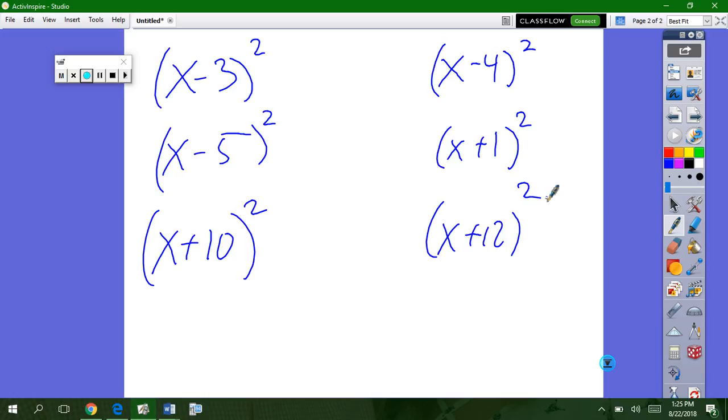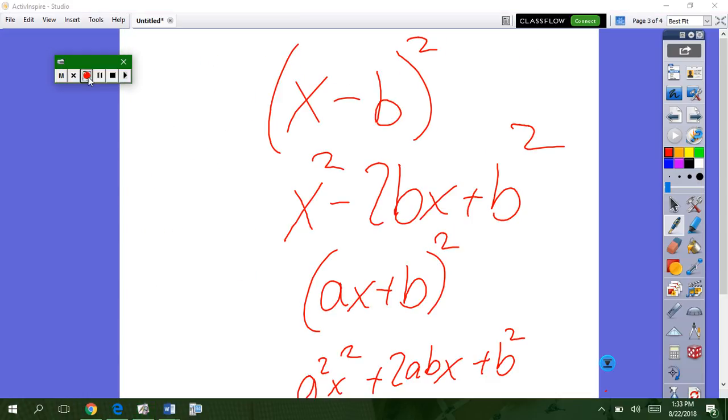Okay, by the way, is this guy right here x squared plus 9? Because remember, you can't just bring in a squared, which a lot of kids want to do. Remember, what is this equivalent to? X minus 3 times, and then I will distribute it through, correct? Okay, I'm going to push pause. You guys are going to go ahead and take that time to do it on your own.